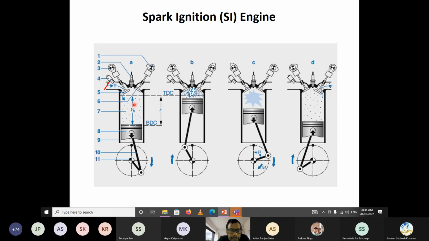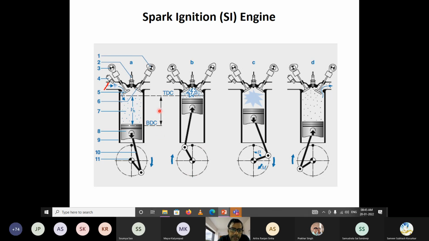So that is the fuel and air mixture that is coming inside the combustion chamber. Once the piston reaches the bottom dead center, it means the crankshaft has rotated 180 degrees. Then again the piston will move from the BDC to the top dead center.